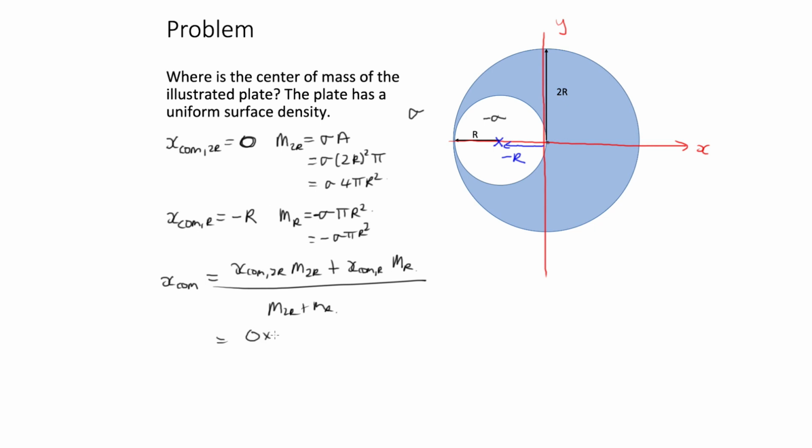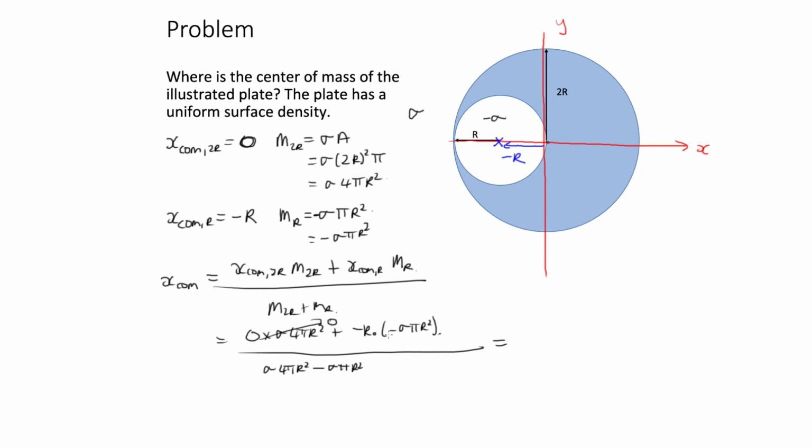I've got 0 times sigma 4 pi r squared plus minus r times minus sigma pi r squared divided by sigma 4 pi r squared minus sigma pi r squared. So this is just 0.